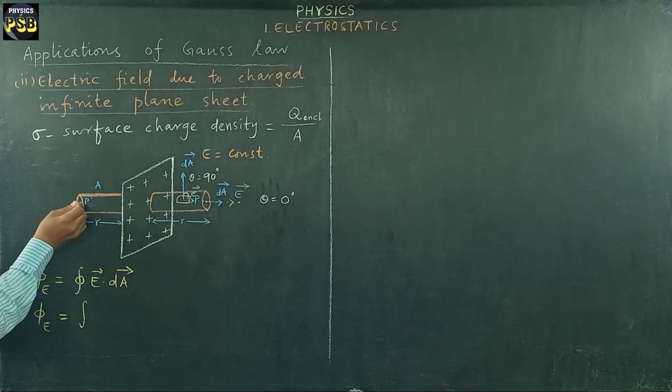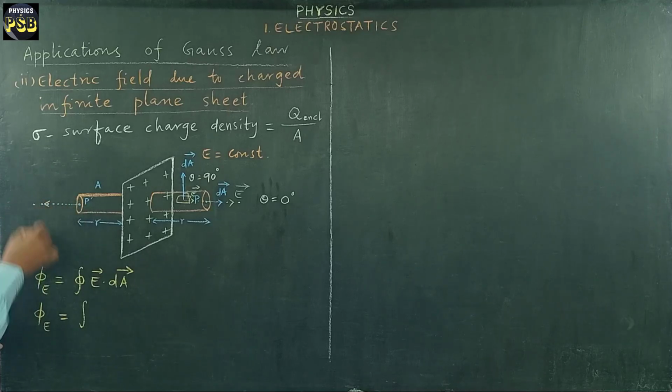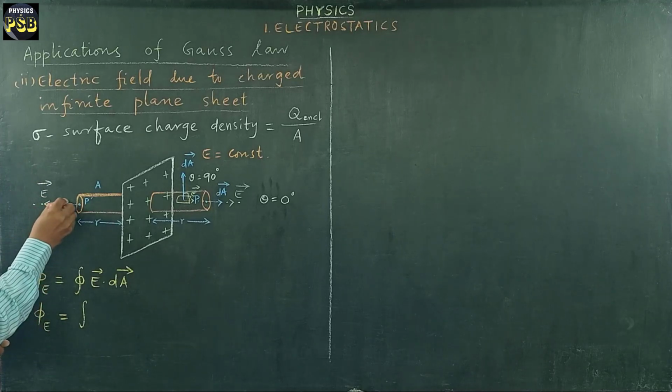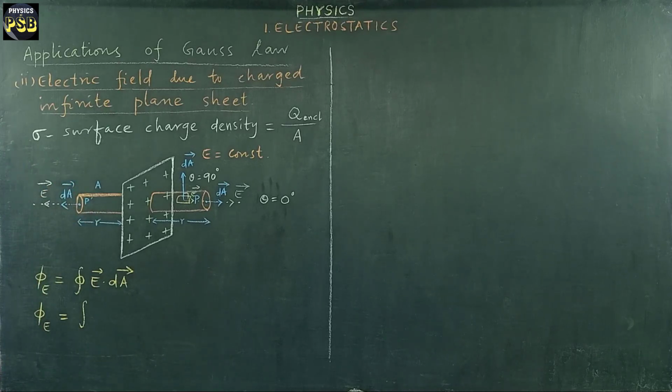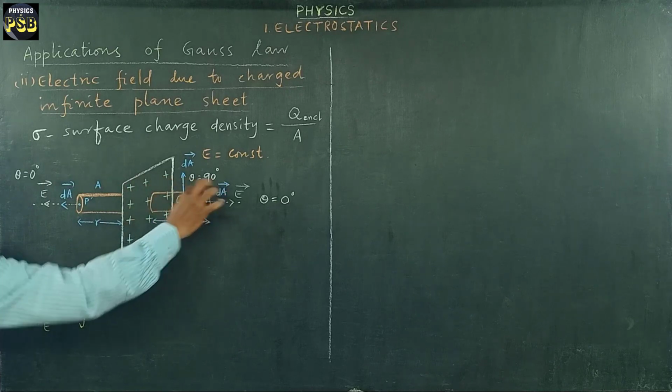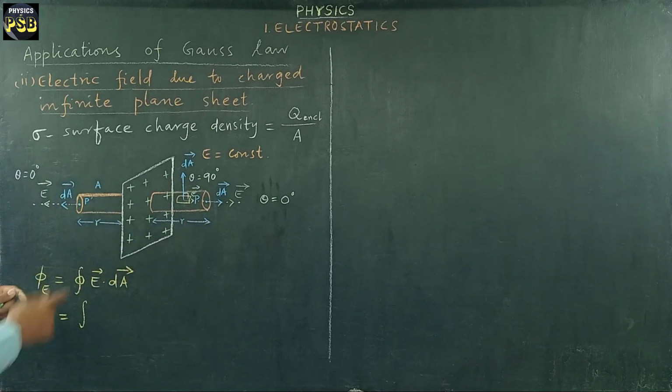Here this is the direction of electric field, and this provides us the direction of area element. So the angle here is 0 degree. Now these three parts comprise the closed surface. So I expand in this manner.